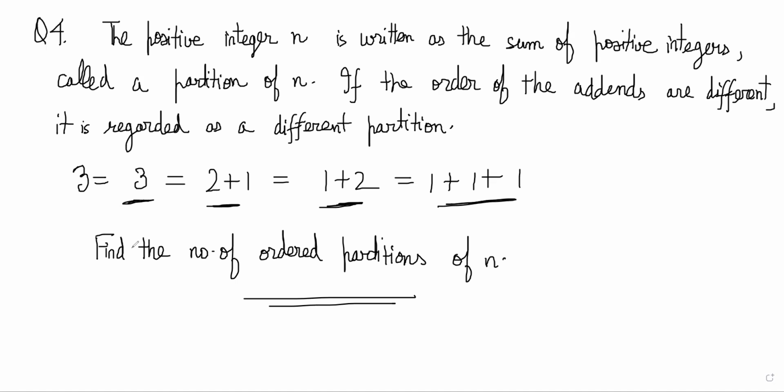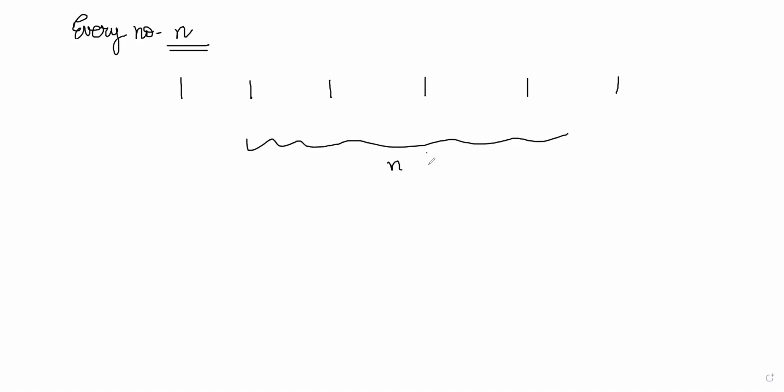Right. So every integer, every number n, can be thought of as a sequence of n ones, right? So right now you can think that there are n ones here. These ones basically make up the number n, right? So think about it. If there are n ones, then how many gaps are there between them?